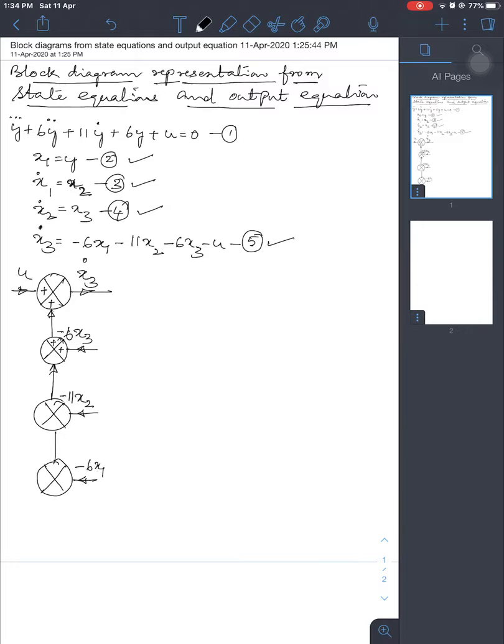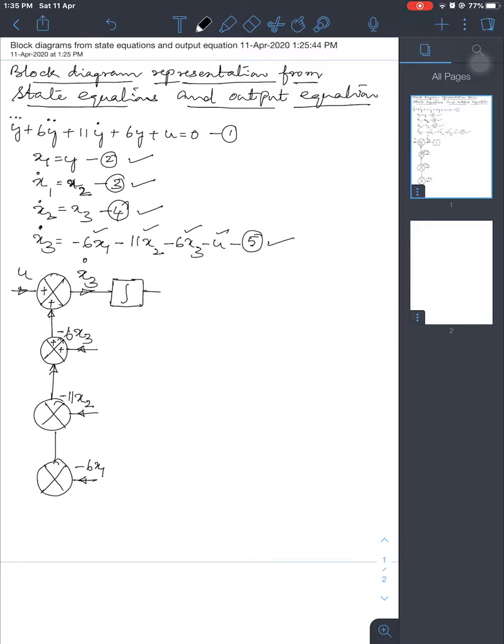We may require all these things. So x3 dot, we may require the summation of all these signals. x3 dot should be minus 6 times x1 minus 11 times x2 minus 6 times x3 minus u. So we'll try to get these signals, as we go about.